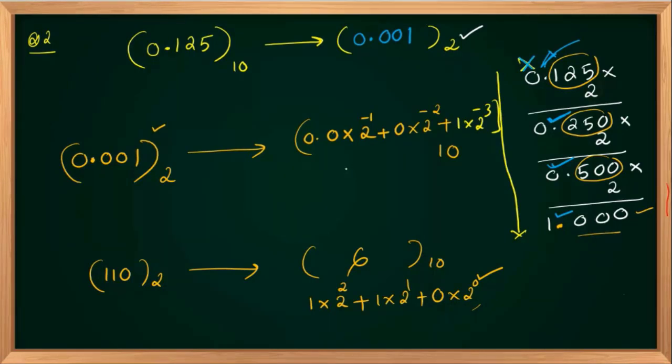So the first part is 0 plus 0 plus 1 by 2 power 3, which is 8, so 1 by 8. That's equal to 0.125.